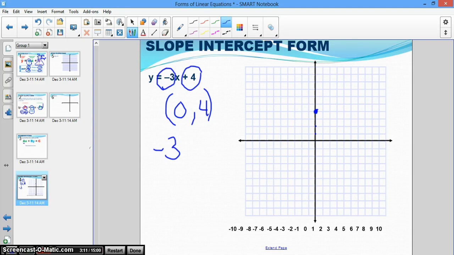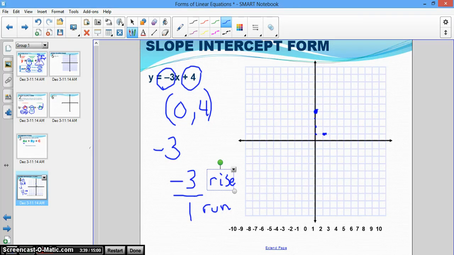Now we know when it's a whole number that the negative 3 is really a number over 1. So if we go to the y-intercept, we go down 3, that's the rise, and then we'll go over 1, the run. So we go down 3, 1, 2, 3, and over 1 and make a point.